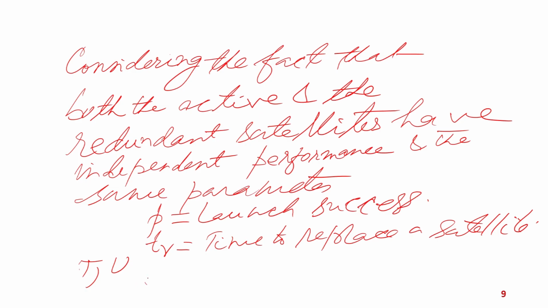Then we can show that the availability is given by 1 minus 2 Tr square divided by P square T square.